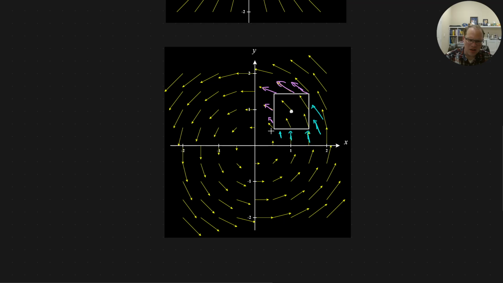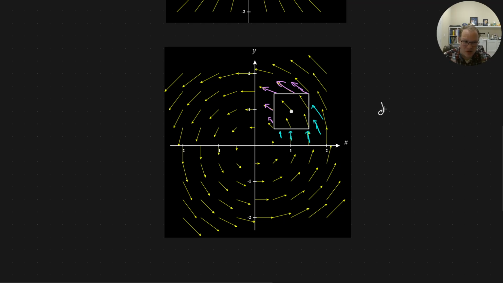Notice that the flow inward over here near the origin, these vectors here, they're small, right? I get a little flow in, I get a little flow out. But the further I move away from the origin, the faster the flow. So now I'm getting a little more flow in, but I have kind of the same flow out, right? Over here, vectors are bigger, a lot of flow in, but it's balanced by the same amount of flow outwards.